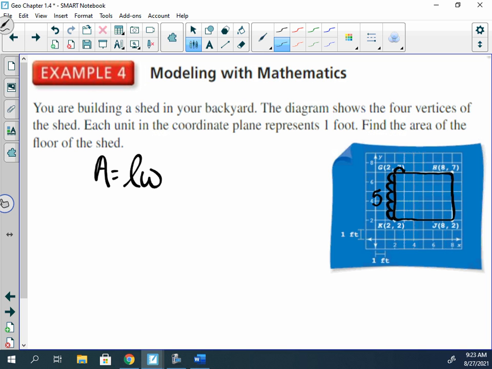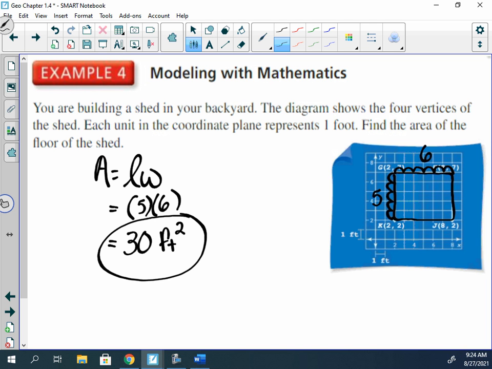If we count the other direction, 1, 2, 3, 4, 5, 6. So the length and width for this rectangle would be 5 and 6. So we can plug those in for length and width. 5 times 6 would be 30. And since they gave us a unit, we can say 30 square feet.